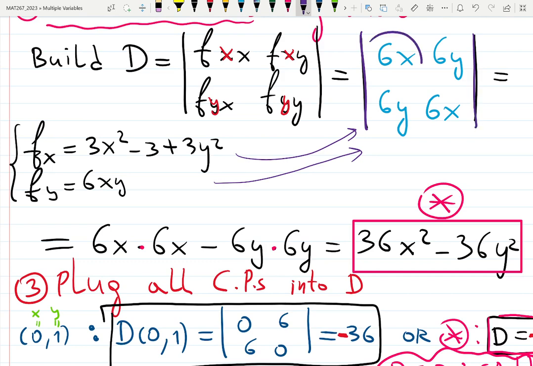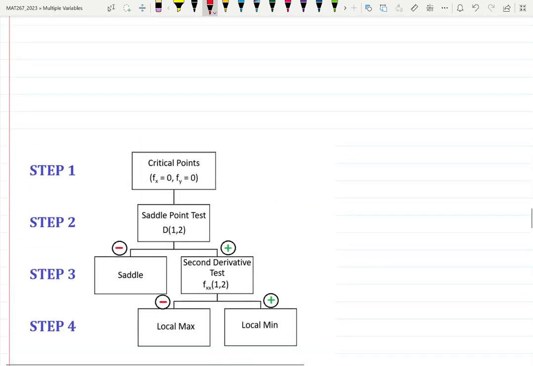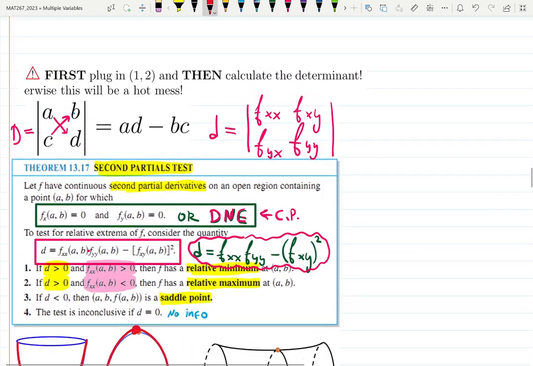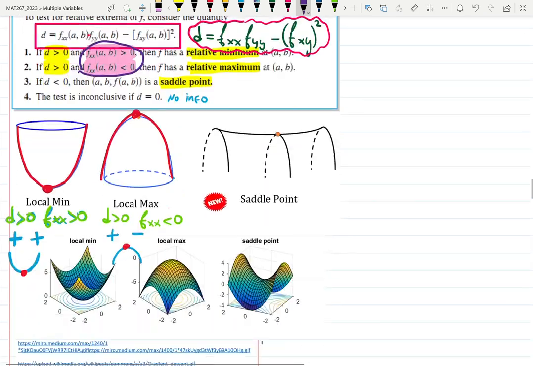But I remember that this is the one. In general, remember, put it in a circle here, and maybe in the formula where you put it at the very beginning. Circle this guy. This is the one that gives you minimum or maximum. This is the second step. fxx sign determines min or max.